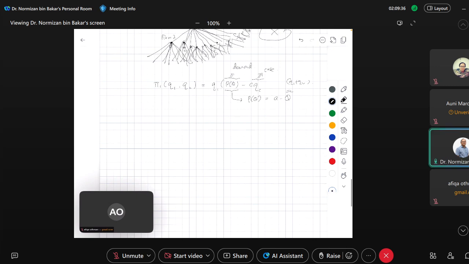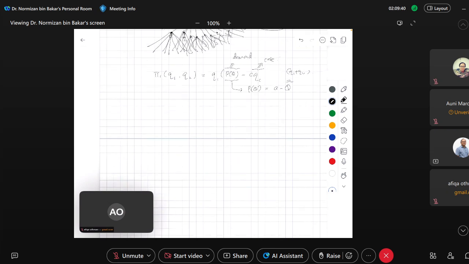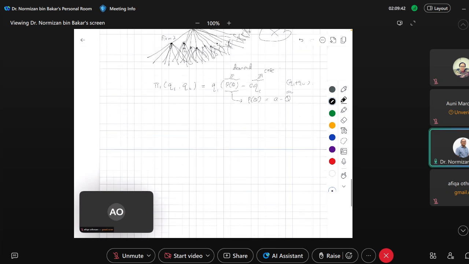Meanwhile, for firm two we have similar equations here: pi two for Q1, Q2 is Q2 times (A minus Q) minus C times Q2.